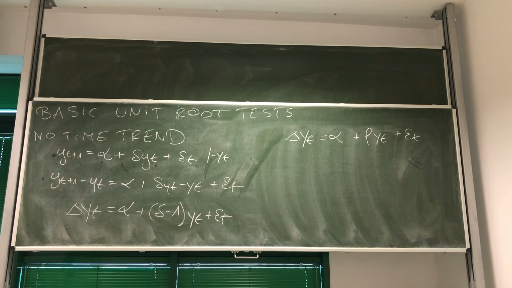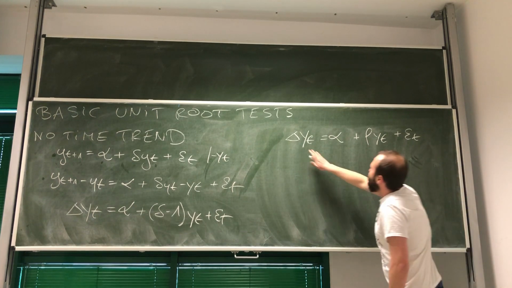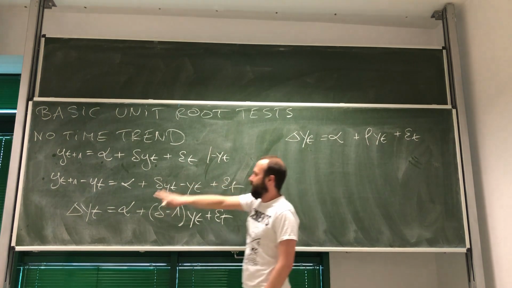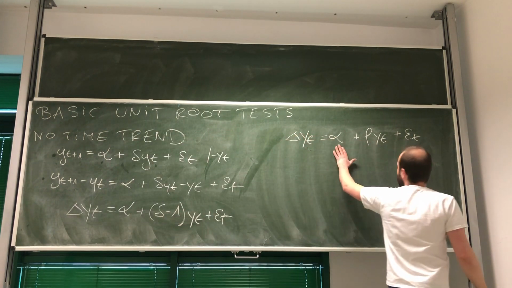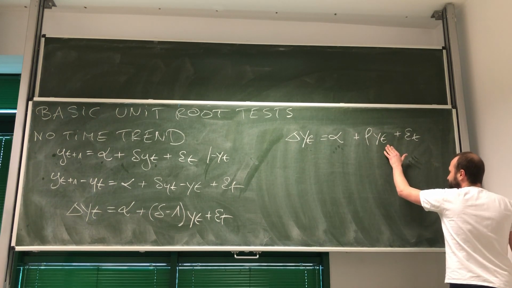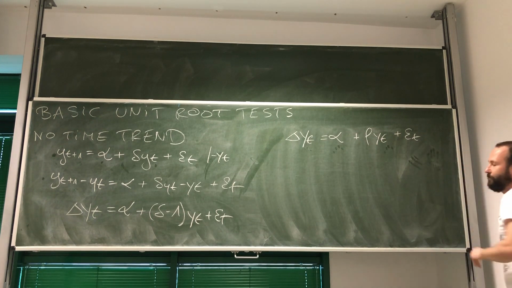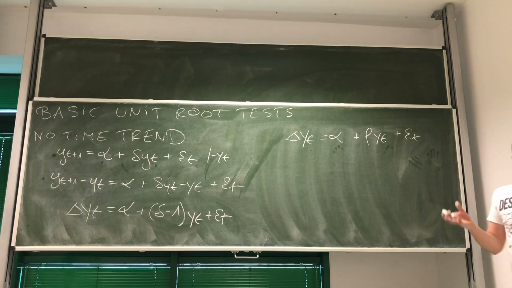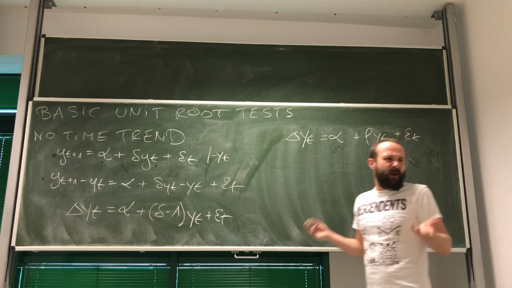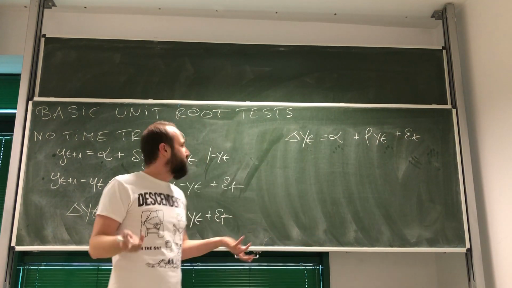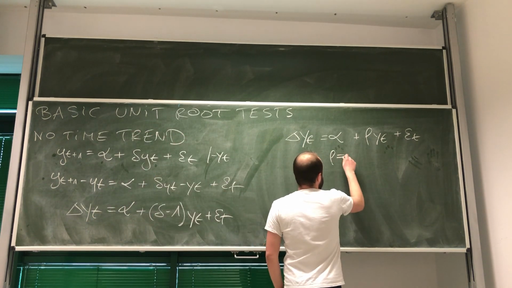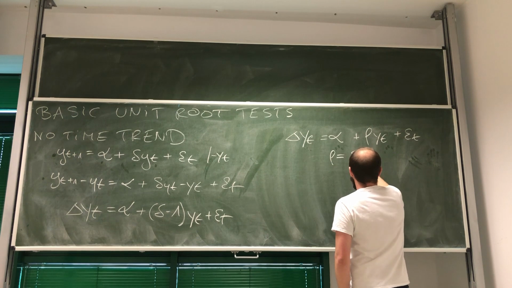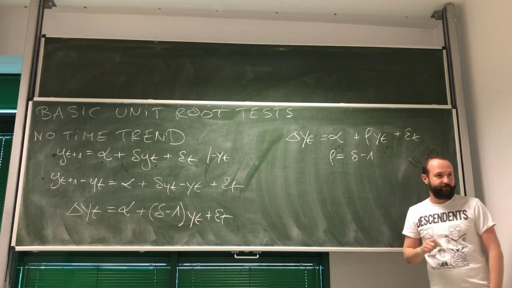What do I have here? Change in y regressed on a constant, the previous value of y, and error. Again, something that is very, very simple. We of course need to notice here that rho is equal to delta minus 1.